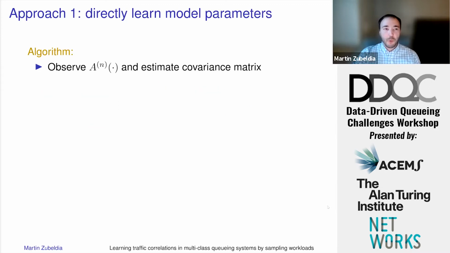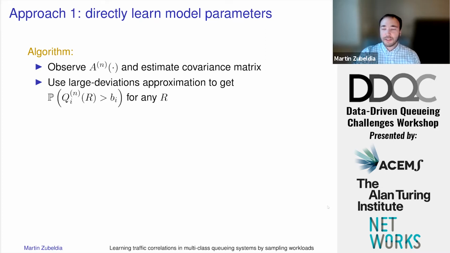Well, one approach that we take is to directly learn the model parameters. So for example, we can observe the arrival process and directly estimate the covariance matrix, right? If we do that, then okay, now we know all the characteristics of the process, and we can use large deviations approximations to get this probability of overflow, which is going to be pretty accurate because we're in this many sources regime that I talked about.